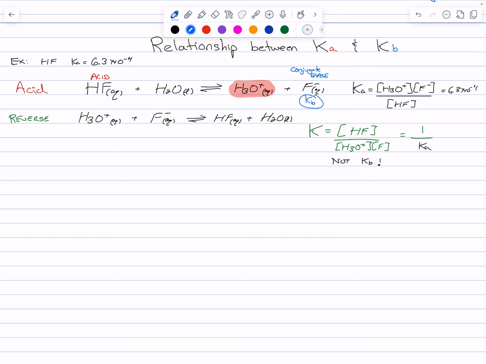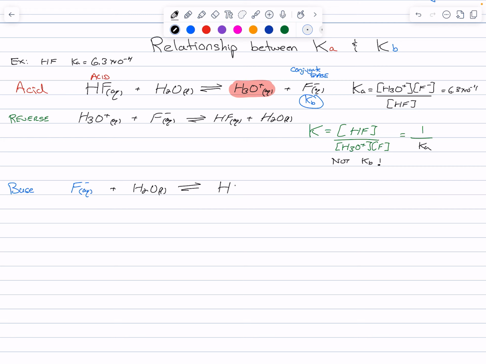All right. So for the base fluoride, from fluoride's point of view as a base, if you had fluoride and water, what would you get on the other side? Well, fluoride cannot be a proton donor. It's a base. It's got to be a proton acceptor.